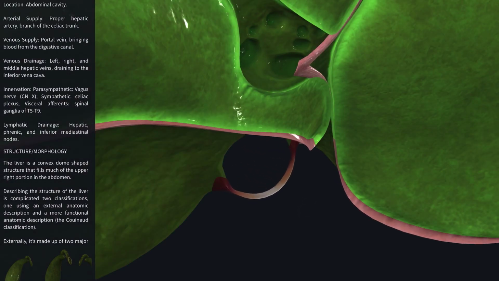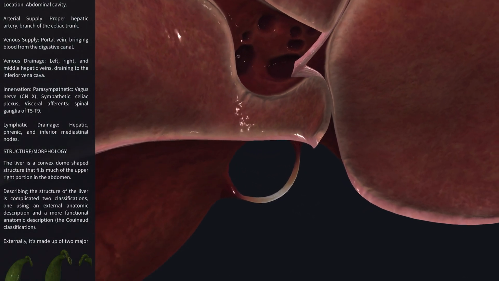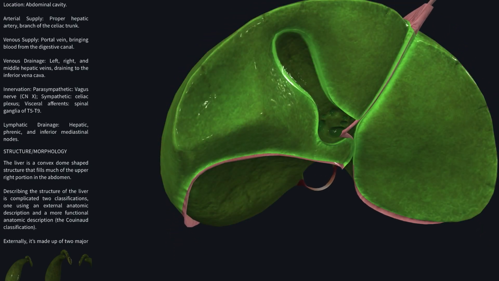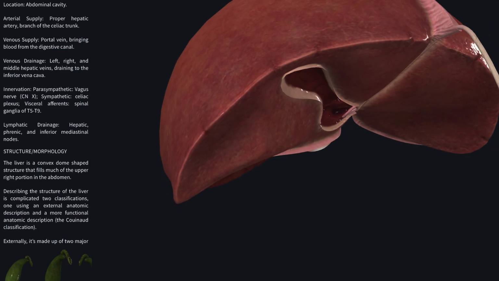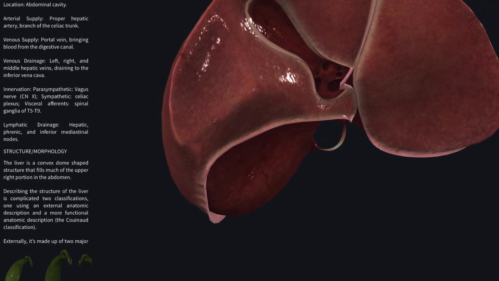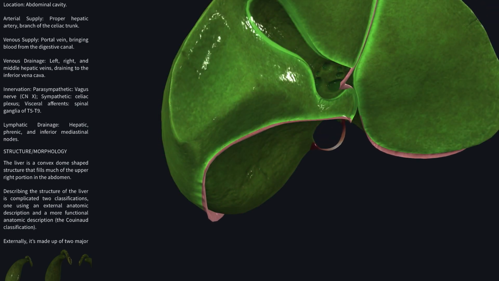We've got this ring right here that sits right there. We're looking at the colic impression. That's going to be our left colic impression, or our right colic impression.